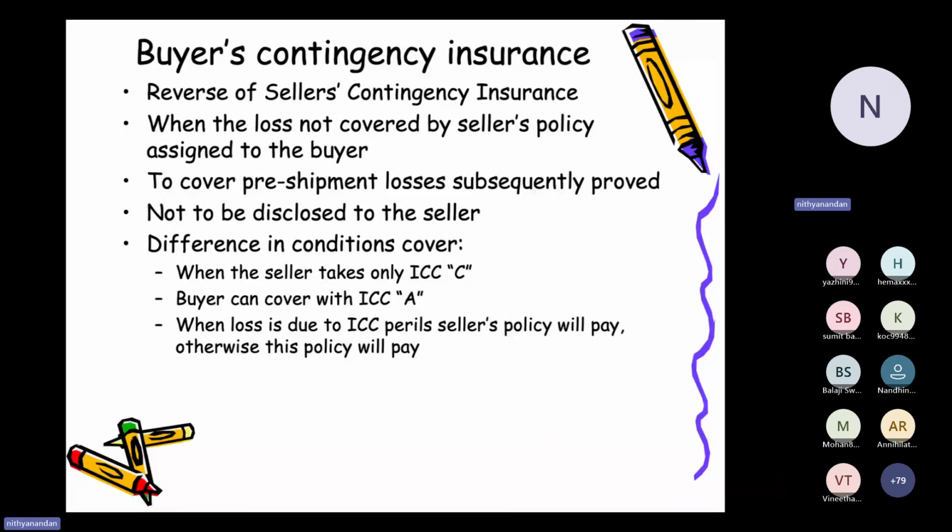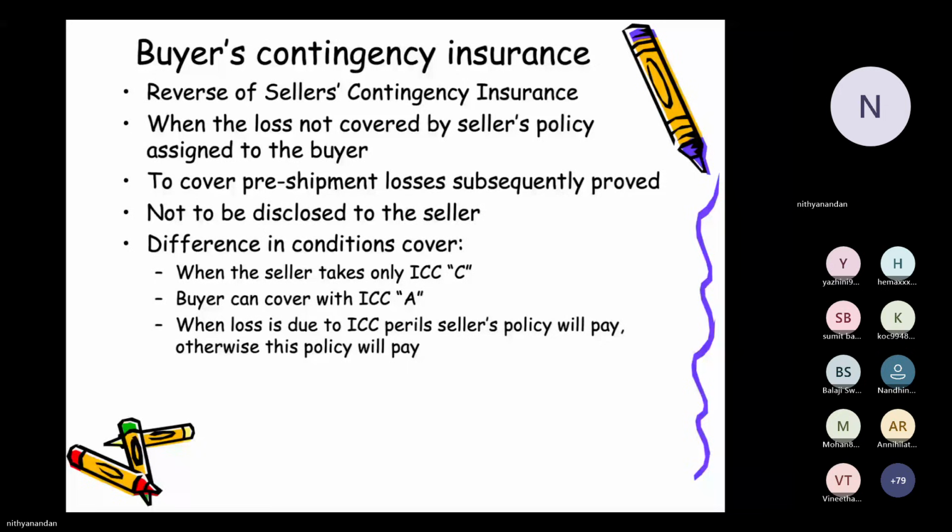To avoid such a situation, buyer's contingency insurance is taken by the buyer for the losses occurring during the pre-shipment period, for which the seller might have taken the policy or might not have taken the policy. So this type of loss is covered by buyer's contingency.